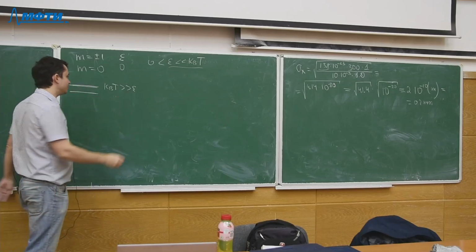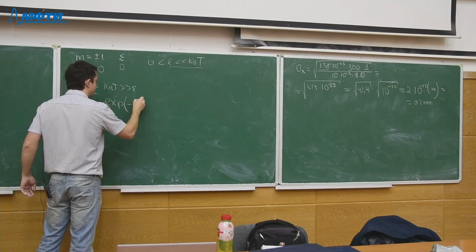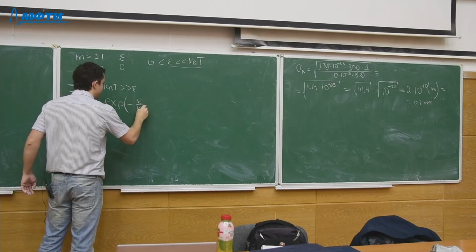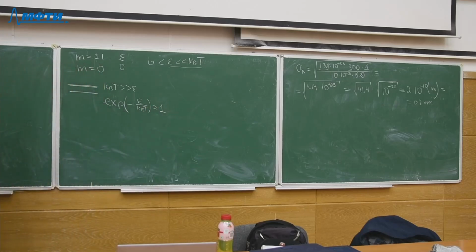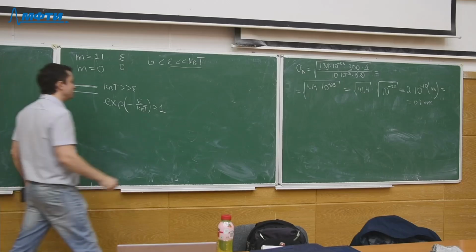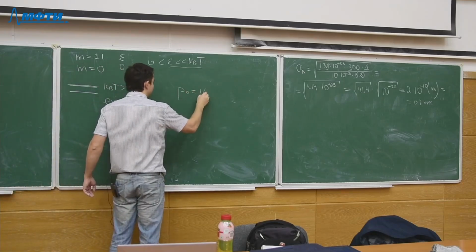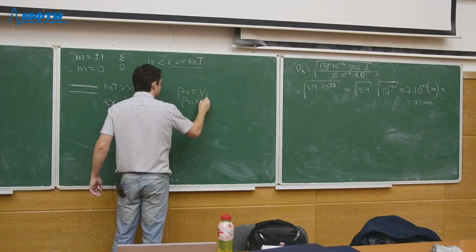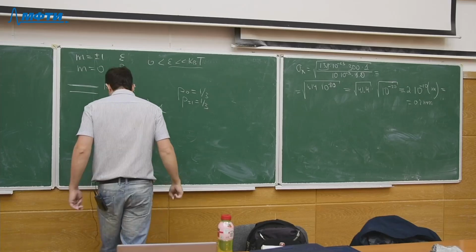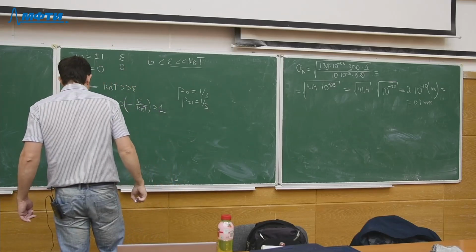this change in energy, or actually the exponential factor, exponent of minus epsilon over kBT, is approximately equal to 1, which leads to equal probabilities for occupation of all of your states. P0 equals 1 over 3, and P plus minus 1 also equals 1 over 3. That actually allows you to determine the entropy.